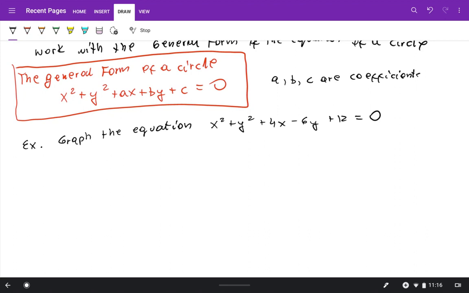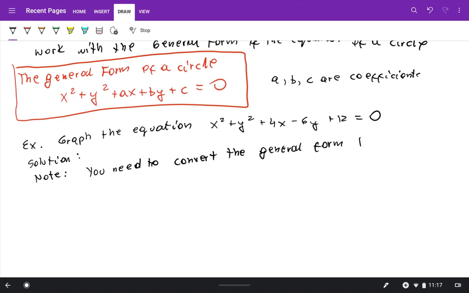To graph the circle, I need the center and I need the radius. The general form doesn't give me that. So what you need to do, the note will be, you need to convert the general form to the standard form.